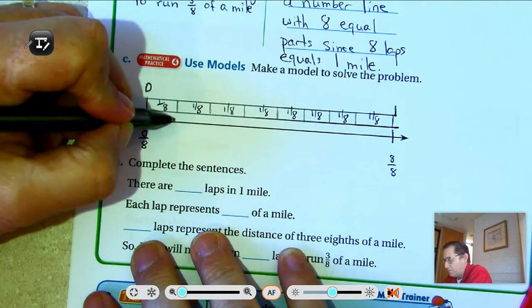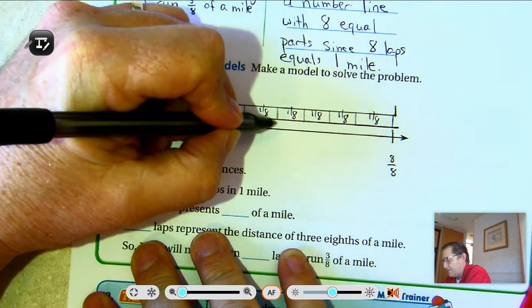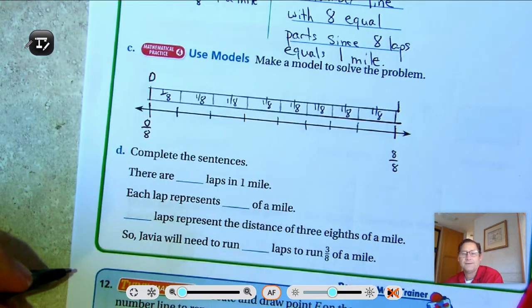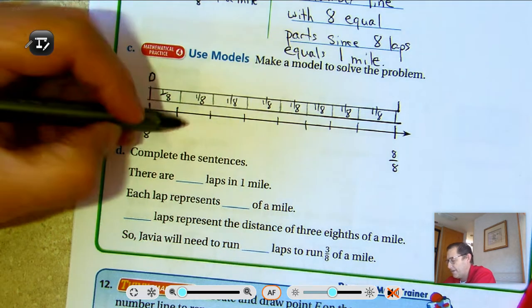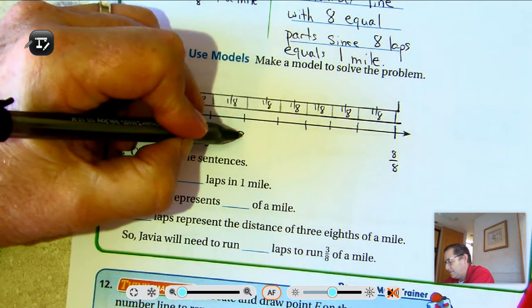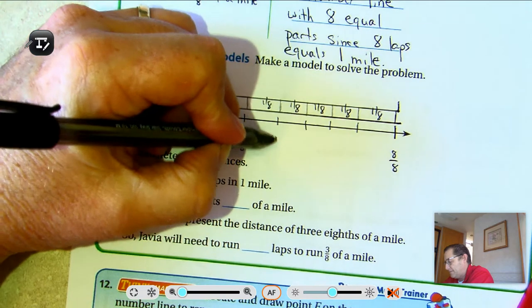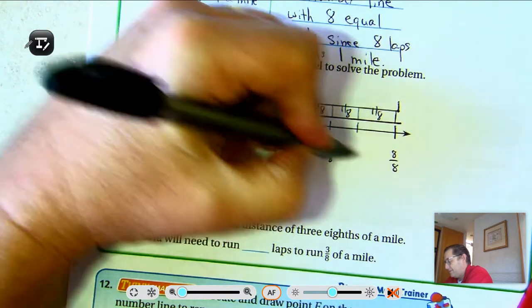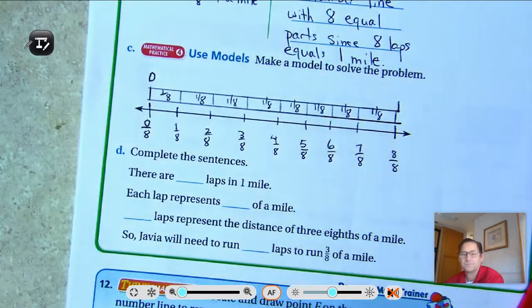Okay, and so we're going to put a mark at the end of each of the 1/8, right? So 0/8, 1/8, 2/8, 3/8, 4/8, 5/8, 6/8, 7/8.